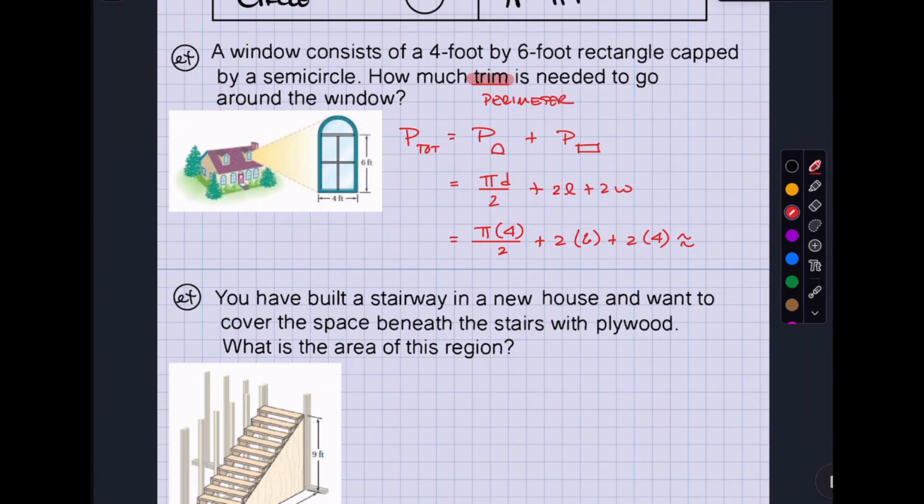Why would it be 4 twice and not just once? Why do I have 2 4s? Do I want the top of the circle? Do I want the top of it?